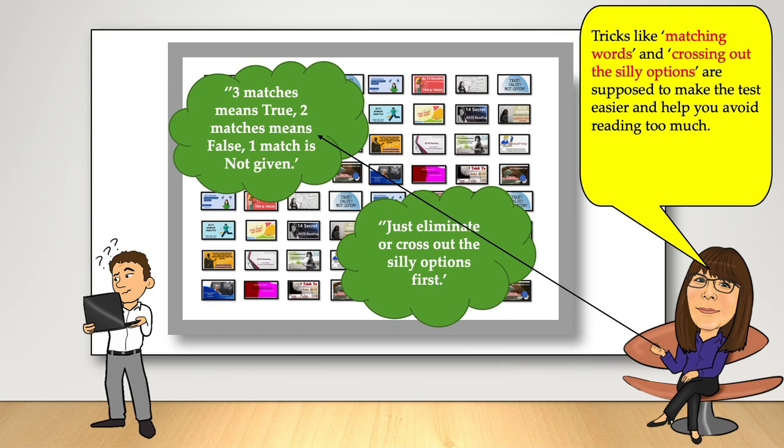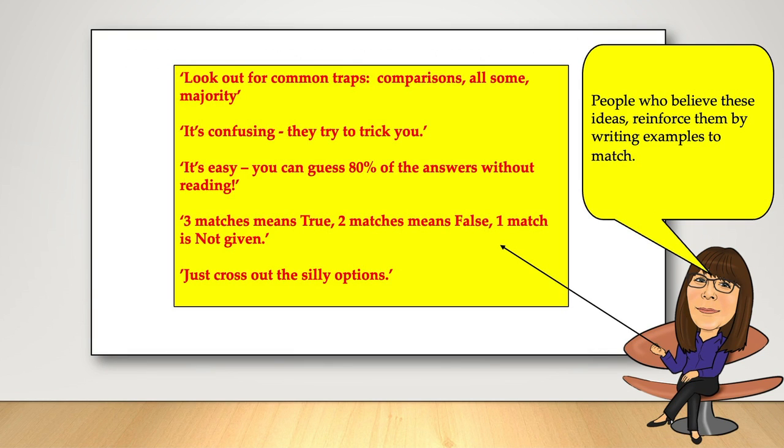Tricks like matching words and crossing out the silly options are supposed to make the test easier and help you avoid reading too much. People who believe these ideas reinforce them by writing examples to match.